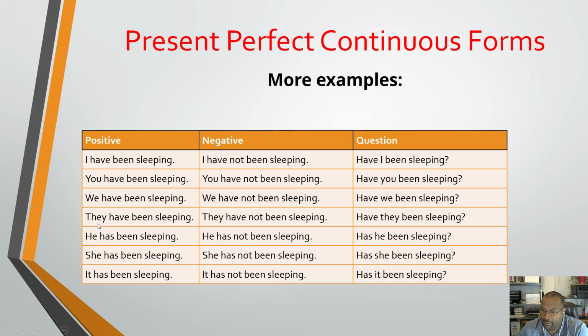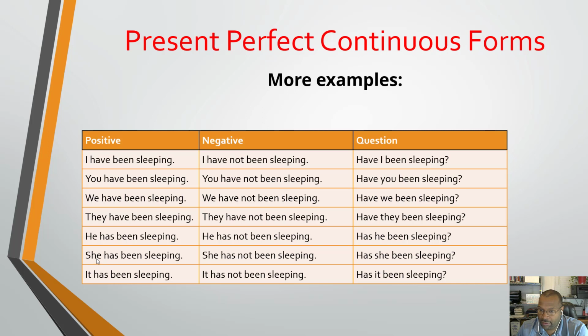Positive statement. They have been sleeping. Negative. They have not been sleeping. Question. Have they been sleeping? Positive statement. He has been sleeping. Negative statement. He has not been sleeping. Question. Has he been sleeping?